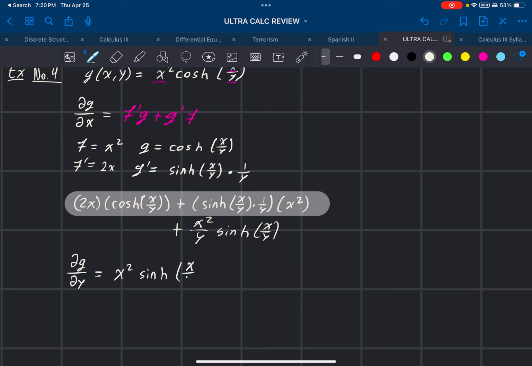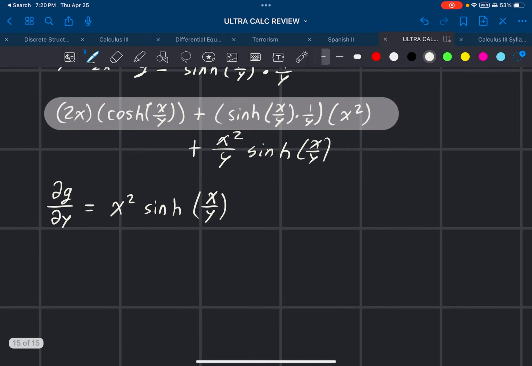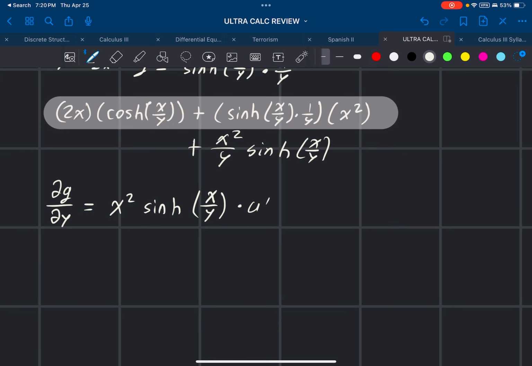The inside stays the same, right? But then what do we do about the derivative of the inside?